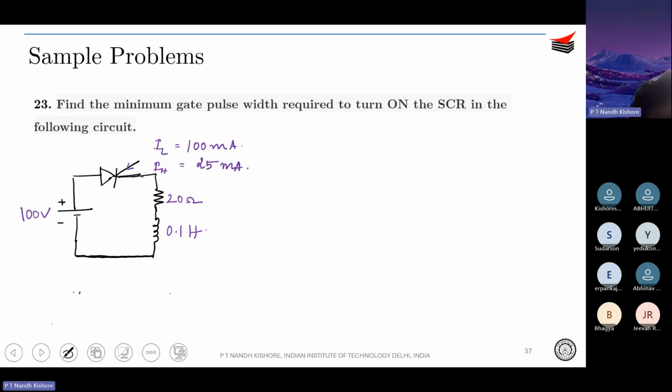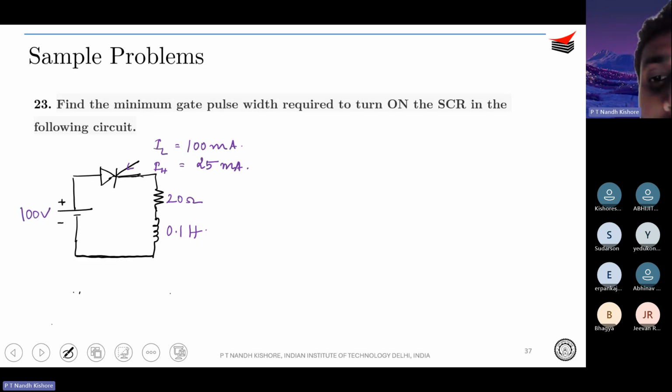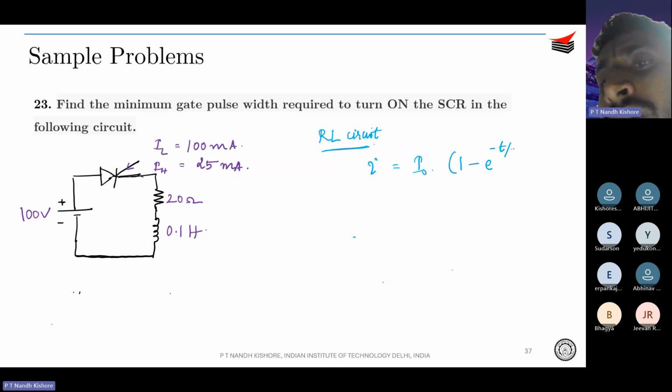So I will ask you to try to remember your circuit concepts. I guess you have studied earlier in circuits that if you have an RL circuit, then what is the current? I is actually I naught into 1 minus e power minus t by tau.